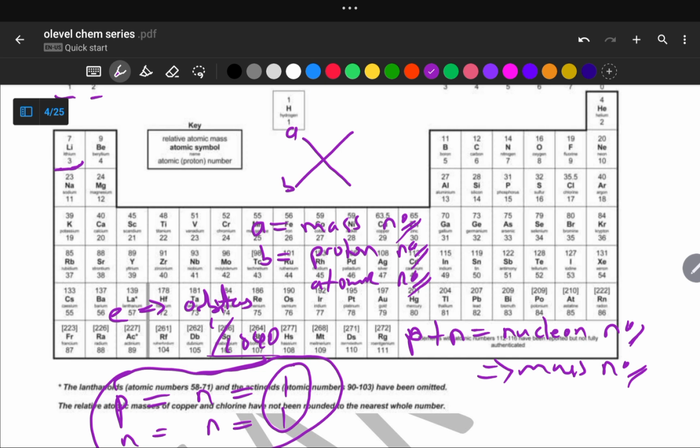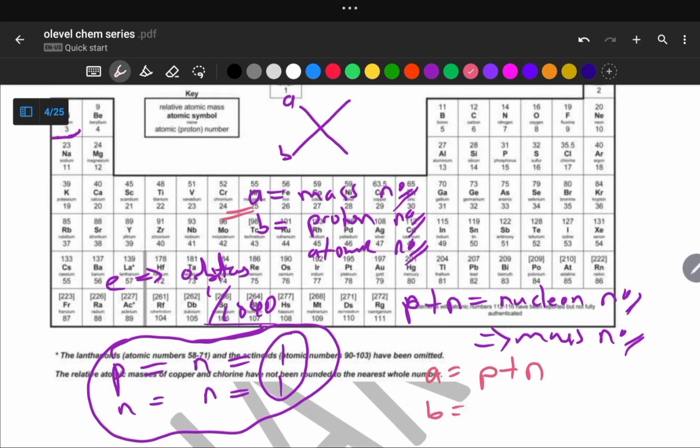So the mass number, which is A from this presentation, is equal to the sum total of protons plus neutrons, right? And B is what we call the proton number, the number of protons within the atom, or the atomic number, the number of the atom on the periodic table, right?